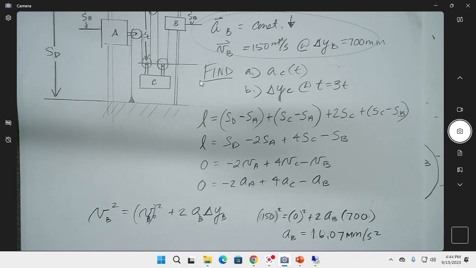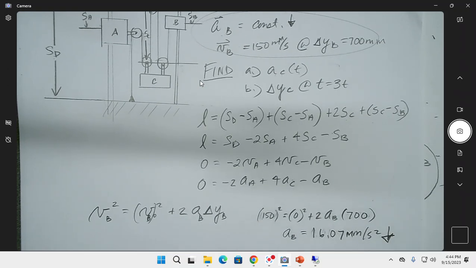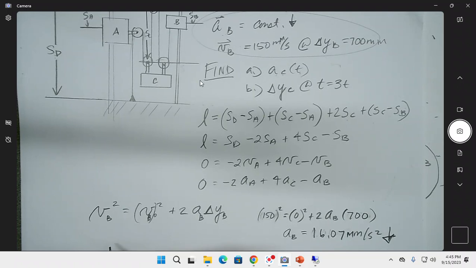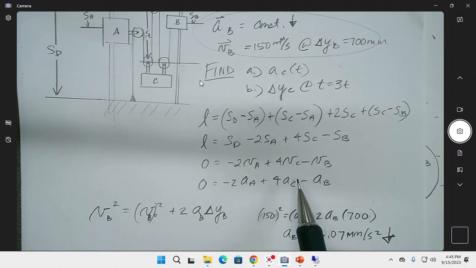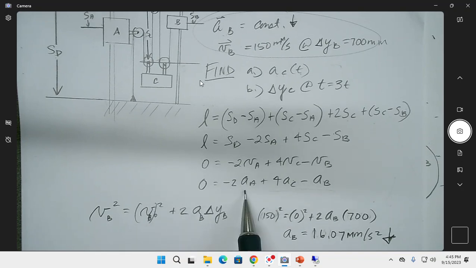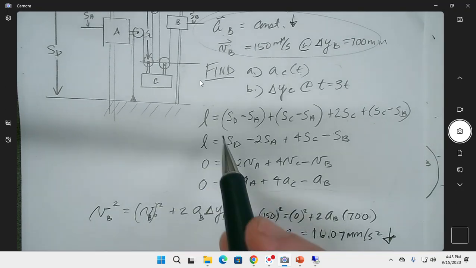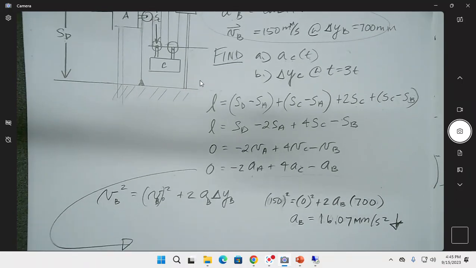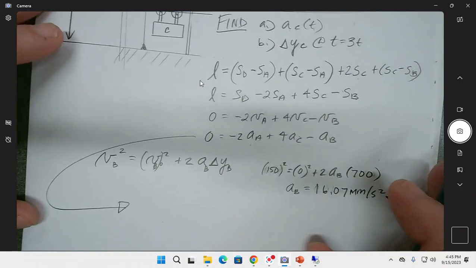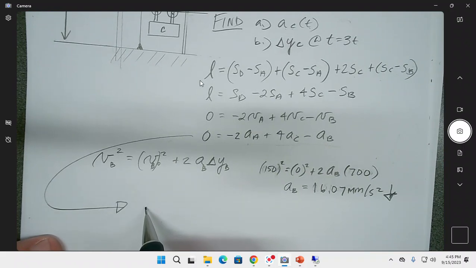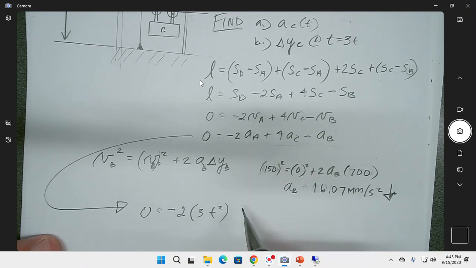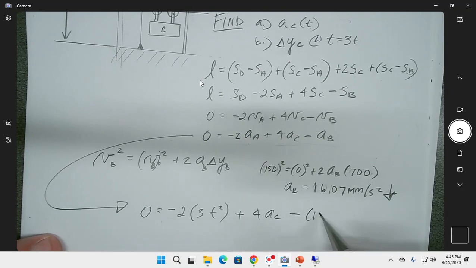All right, so we got that, and that's going down. Down, down, down. All right, so that's cool. Okay, so all we need to really do is plug those into here. So for the part that they wanted, 0 equals negative 2 times 3t squared plus 4AC minus 16.07.